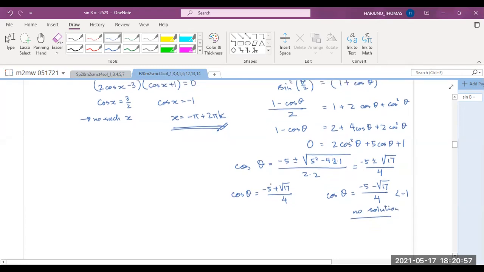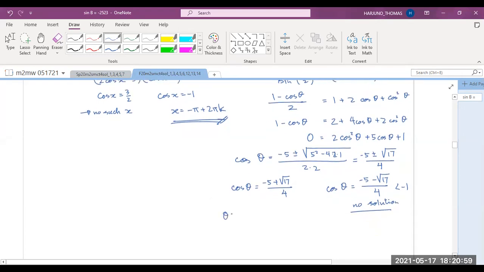Okay. Now then, theta will be, this is in quadrant 2, right? So let's use the reference angle. Theta hat equals 5 minus the square root of 17 over 4, the opposite of what we have here. That gives us theta hat equals cosine inverse of 5 minus radical 17 over 4.